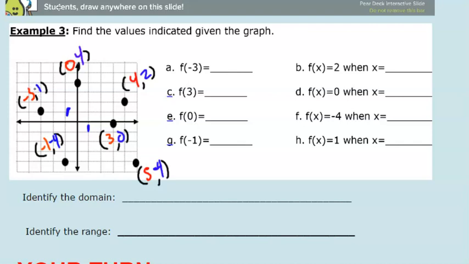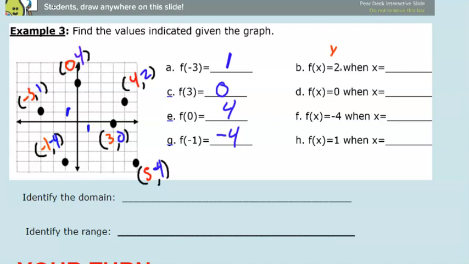When x is -3, y is 1. Okay, f of 3. When x is 3, y is 0. Okay, f of 0. When x is 0, y is 4. When x is -1, y is -4.